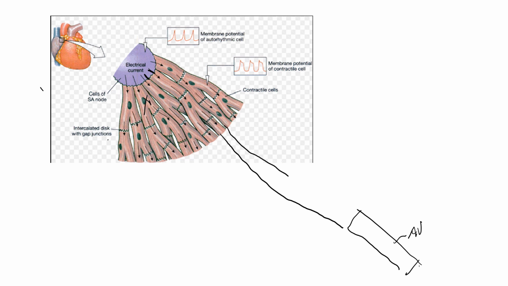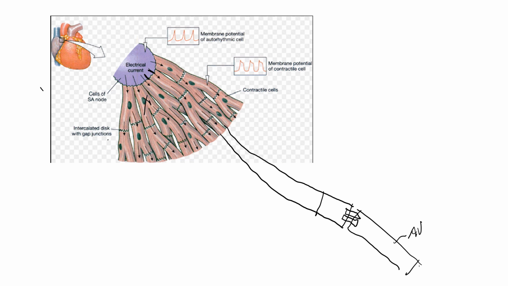And now let me really show you exactly what it is that I mean. So here's the SA node. Here's one SA node fiber up here. And down here is one of the AV node fibers. Okay? These are the atrial contractile fibers, and if we follow the atrial contractile fibers, we'll find that some of the atrial contractile fibers actually attach to the AV node fibers through gap junctions.